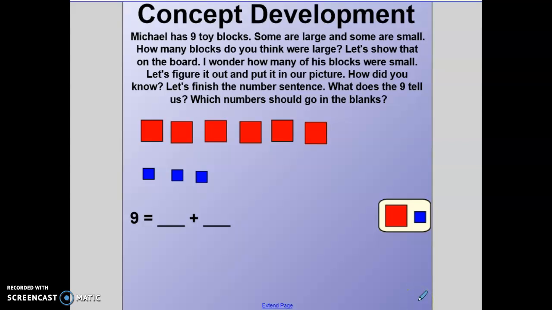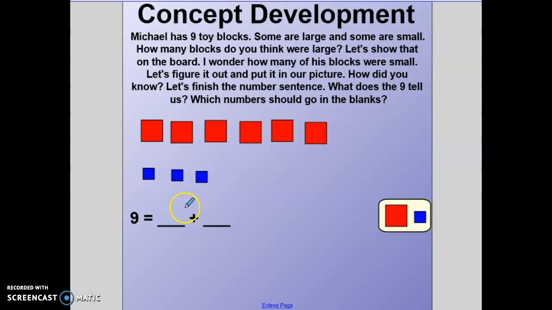All right, so we're used to saying part plus part equals whole, but they did our 9 first, which we know is our whole. That's how many blocks we had all together. So we need to figure out what would go in these 2 spaces.